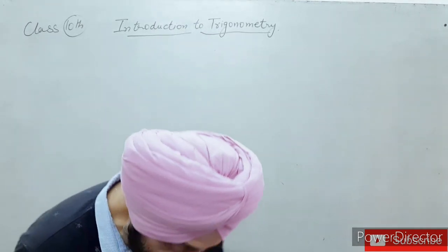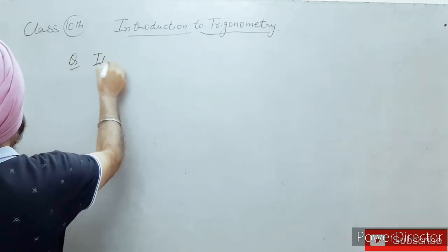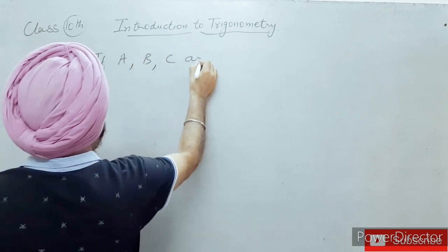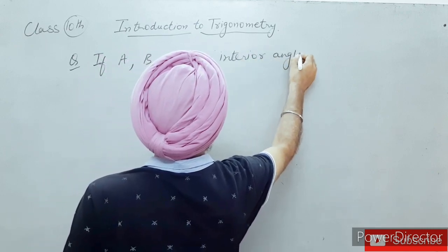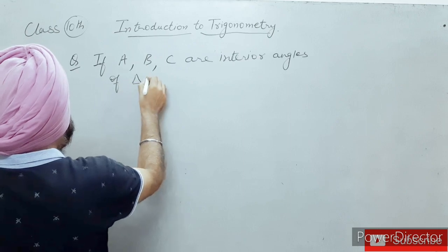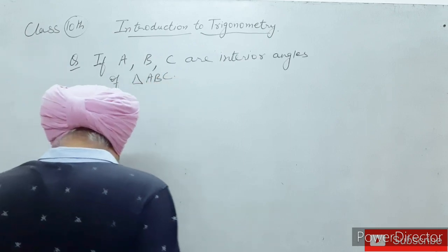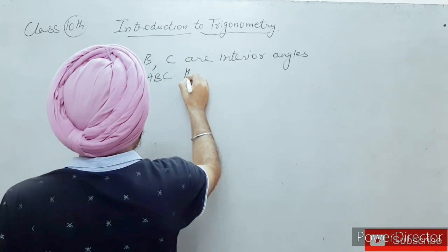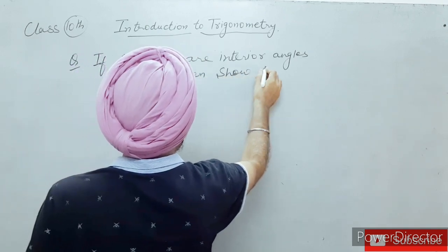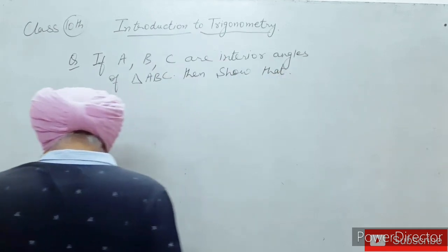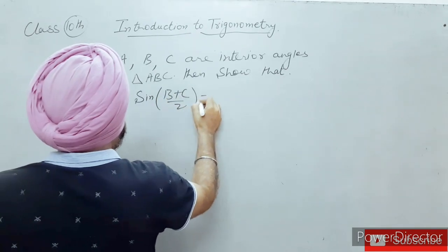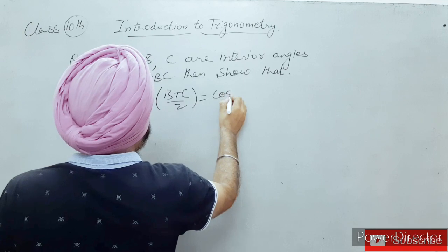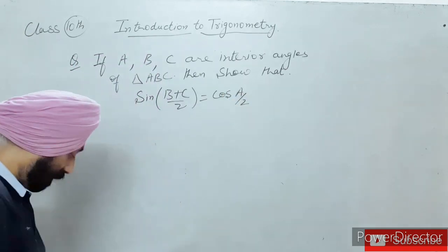If A, B, C are interior angles of triangle ABC, then show that sine of (B plus C) by 2 is equal to cos of A by 2.